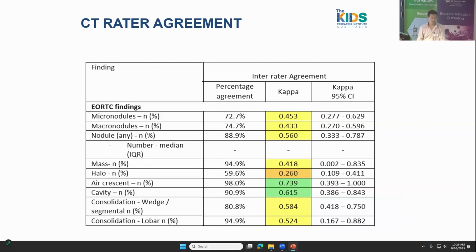There was quite a degree of variability and disagreement as to whether halo sign was present or not. We're planning a bigger assessment, including negative scans and a larger number of radiologists, to get a sense of this variability in radiology reporting, because we often rely on the radiology report, if we can't get microbiological sampling, to decide on starting antifungals or not, and sometimes driving further diagnostics or not.